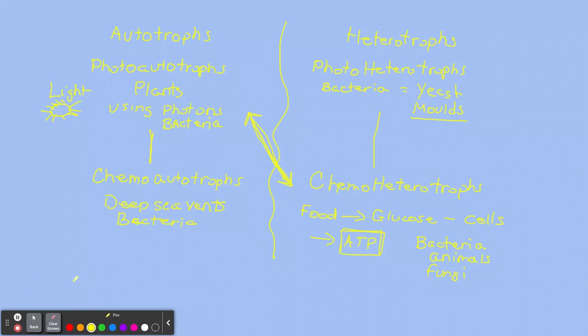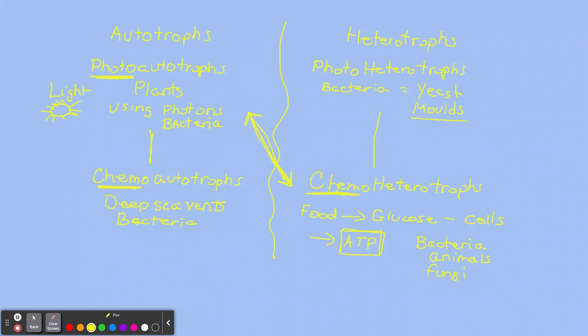So again, just to review, we have autotrophs that are self-feeding, and heterotrophs, which consume others, and you can break them down even further. If they're using light for their metabolism, there's a photo. And if they're using chemical reactions, then there'd be a chemo. So if you're a chemoautotroph, for example, you're not consuming organisms.